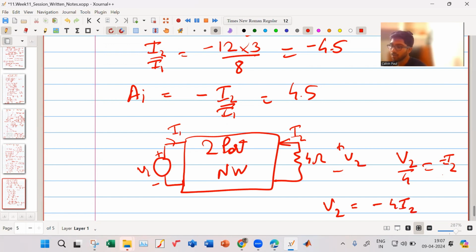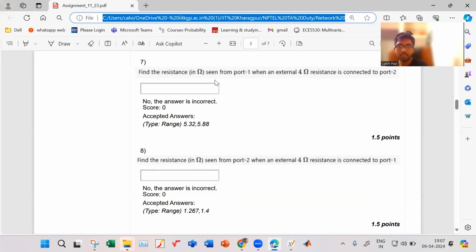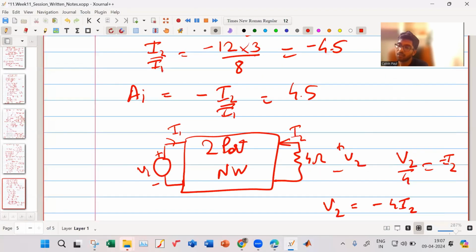Okay. Now what are they asking in your question? Find the resistance seen from port 1. They are saying, what is the effective resistance seen from here? Okay. So that effective resistance is what? It is actually V1 upon I1.